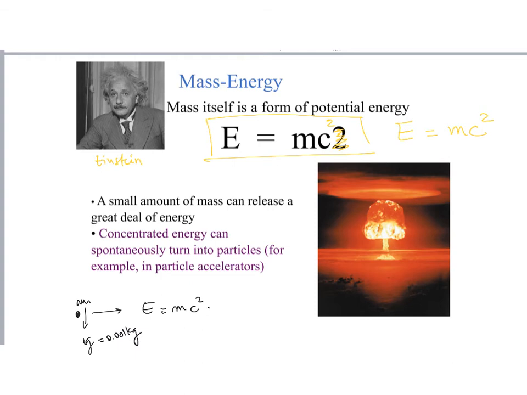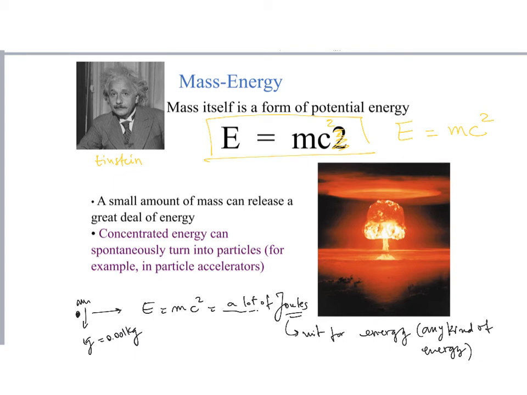If you actually calculate that, that is going to be a lot of joules, which is the unit for energy, any kind of energy. And in a homework you're going to have a few examples for which you need to calculate the energies, either kinetic or otherwise, and then compare with the mass energy.